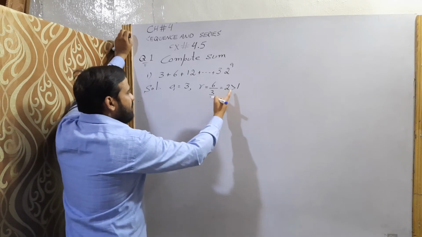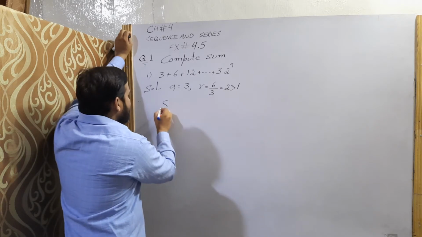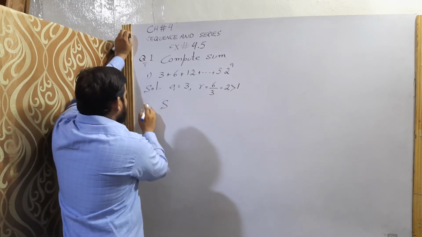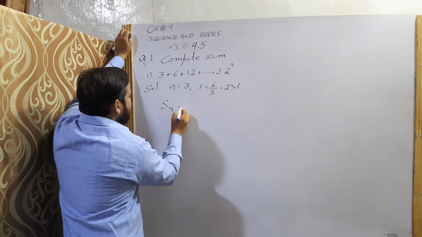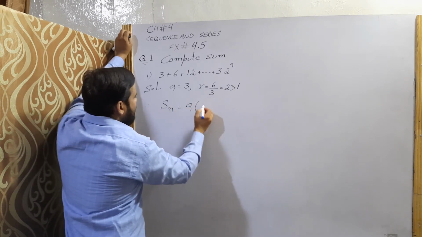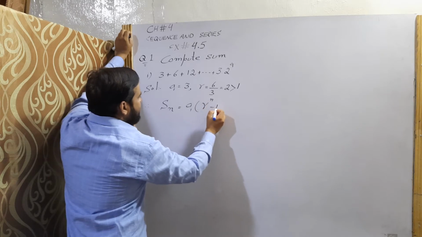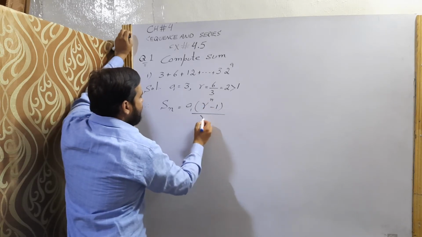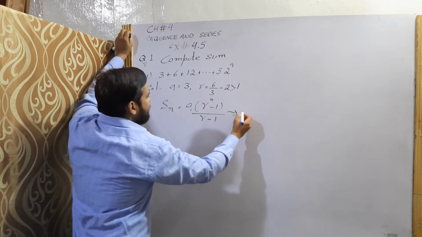If r is greater than 1, then the summation formula is Sn is equal to a1 times r raised to power n minus 1 divided by r minus 1. Say this is equation number 1.